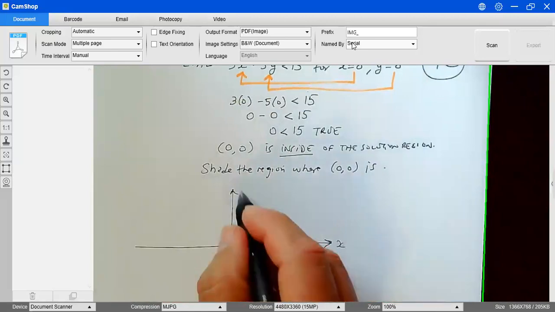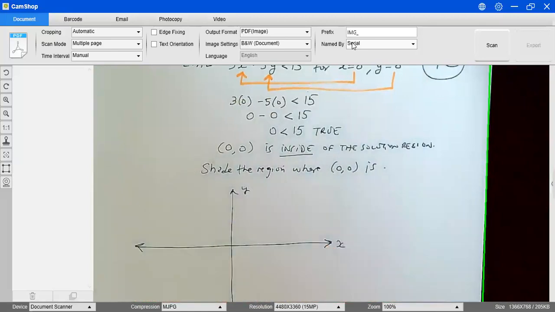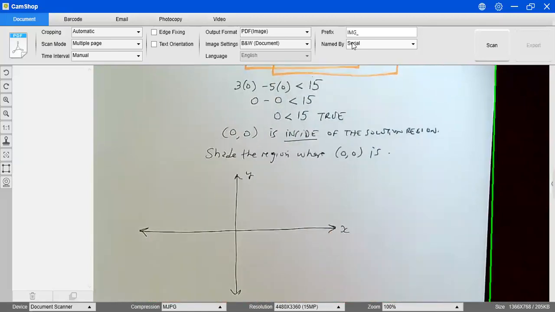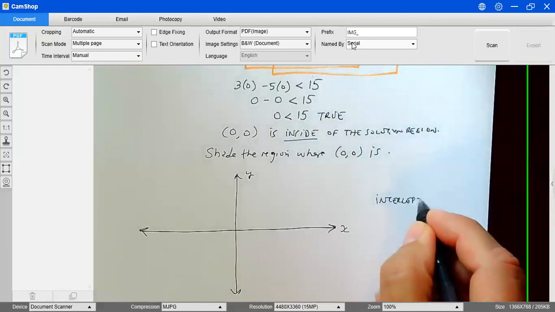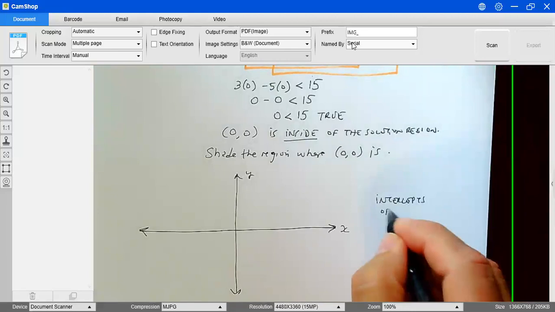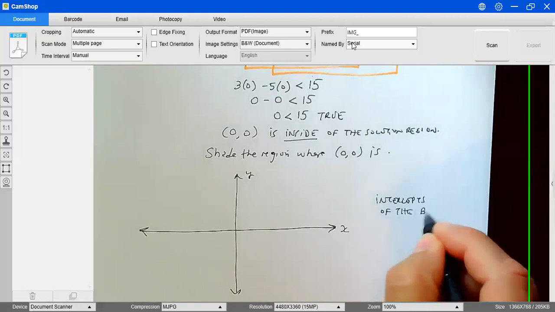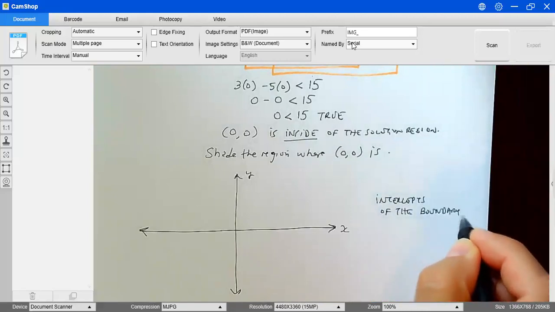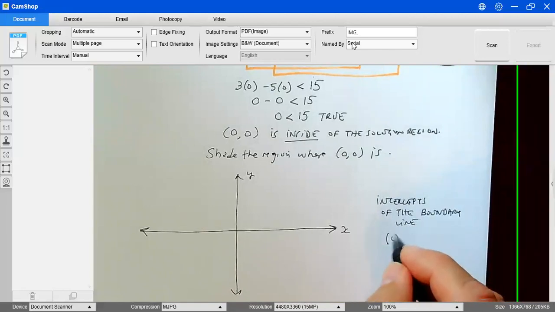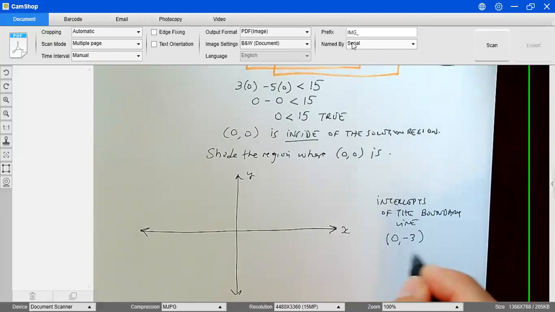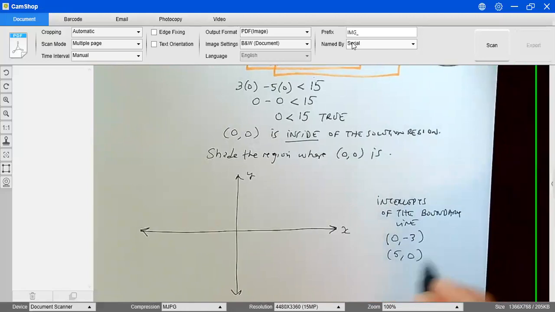So this is my Cartesian coordinate system. I note that the intercepts of the boundary line are 0, -3, and 5, 0.